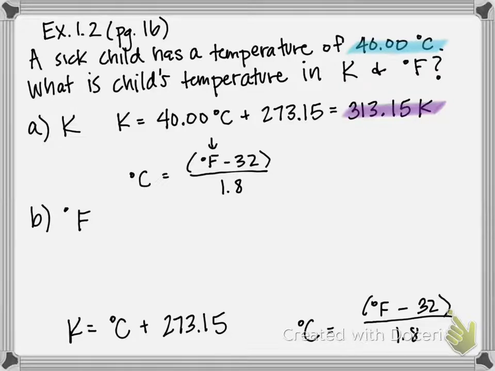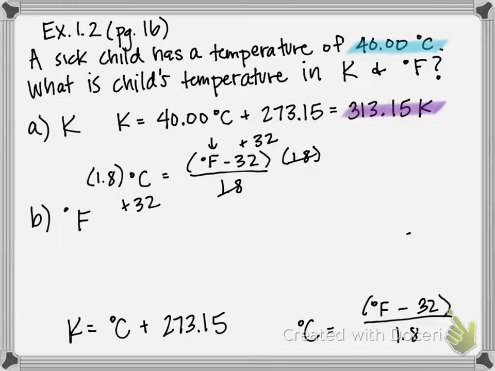So to do that, I'm going to multiply both sides by 1.8. And then, once we have degrees Fahrenheit minus 32 by itself, I'm going to add 32 to both sides.